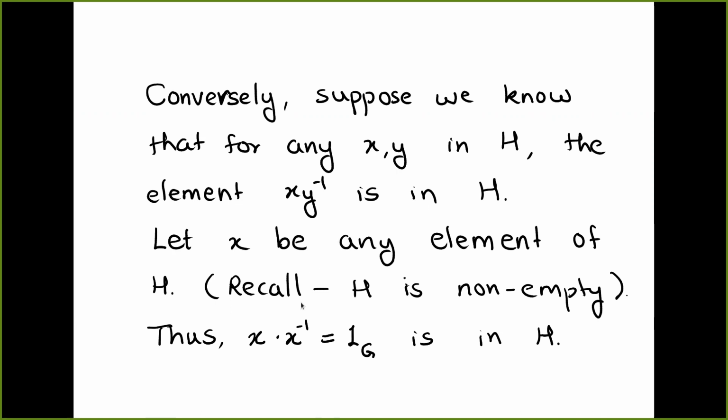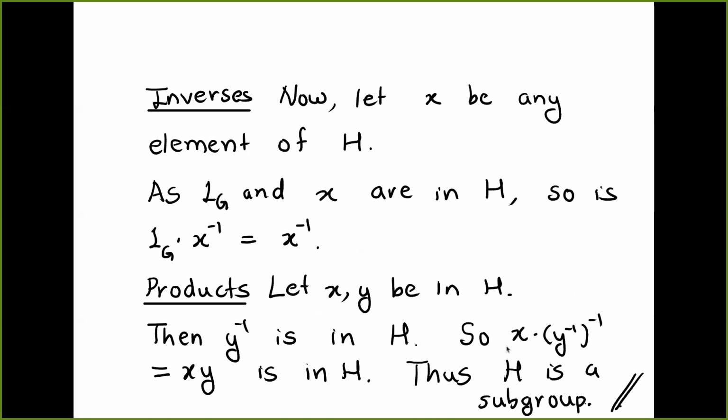I'm assuming that if I take two elements x and y, then x times y inverse is in H. I'm only picking one element, but I can take the elements x and x, taking x twice. Then x times x inverse is in H, but x times x inverse is just 1. So the identity element is in H. So we have proved that H contains the identity.